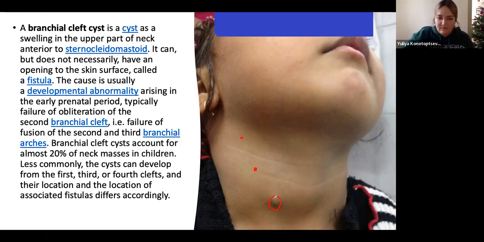But this is just a cyst like that. Very rarely, the second pharyngeal cleft cyst does not stay as a cyst, but forms an opening, a little tiny hole here, little tiny hole. The rest of the cleft connects to the submandibular salivary gland.